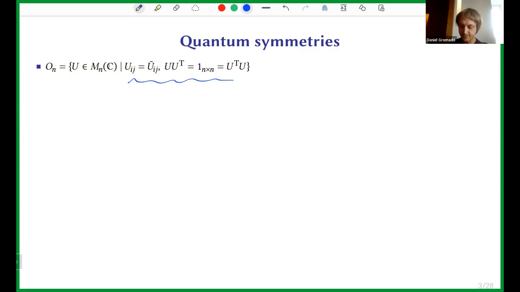So they can be matrices or operators on some Hilbert space, or something like that. Technically we describe that using an algebra. This O_N^+ is called the free orthogonal quantum group.